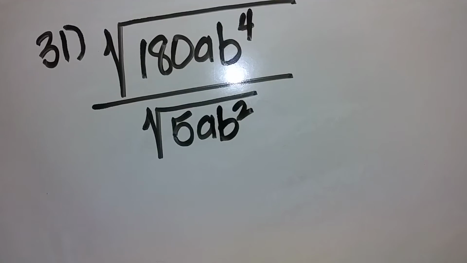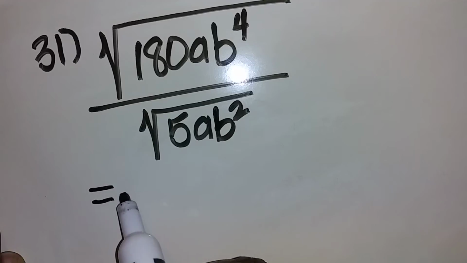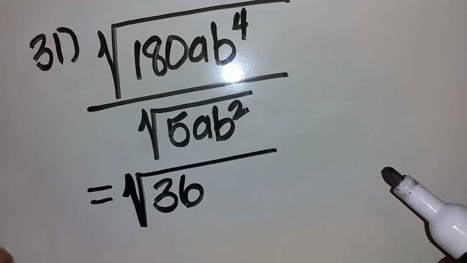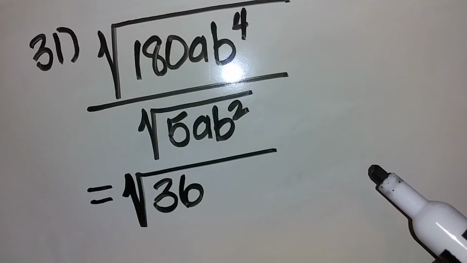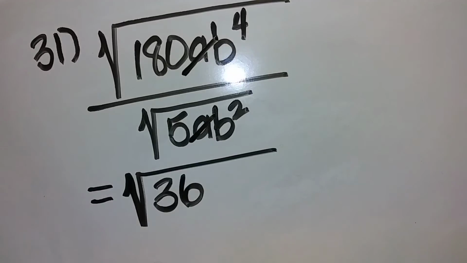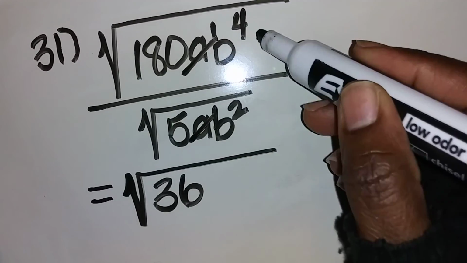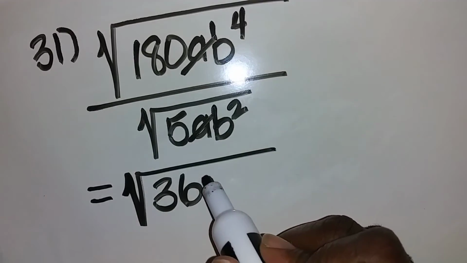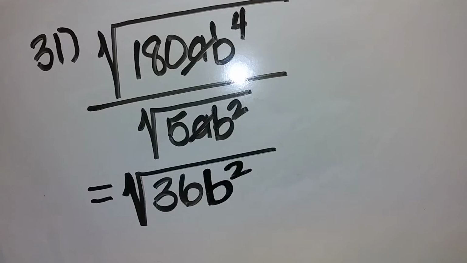My coefficients, 180 divided by 5 equals the square root of 36. Now, we want to subtract those a to the 1. So we know that a over a is going to cancel out to 1. And then we have b to the 4th divided by b to the 2nd. So 4 minus 2 is b to the 2nd.